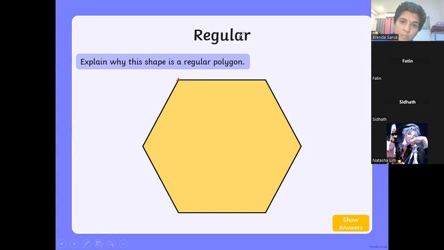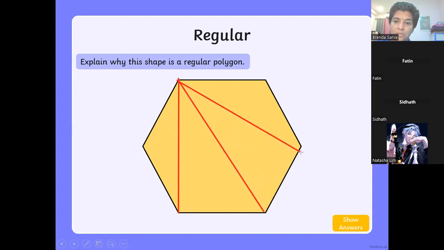So what I'm going to do here is you're going to see me draw a line from one vertex to another. Of course, I cannot draw to this vertex because it's just next to me. I will draw to this, the one opposite. And then I will connect all the vertices from this to this and from this vertex to this vertex. Can you see I've connected all the vertices?